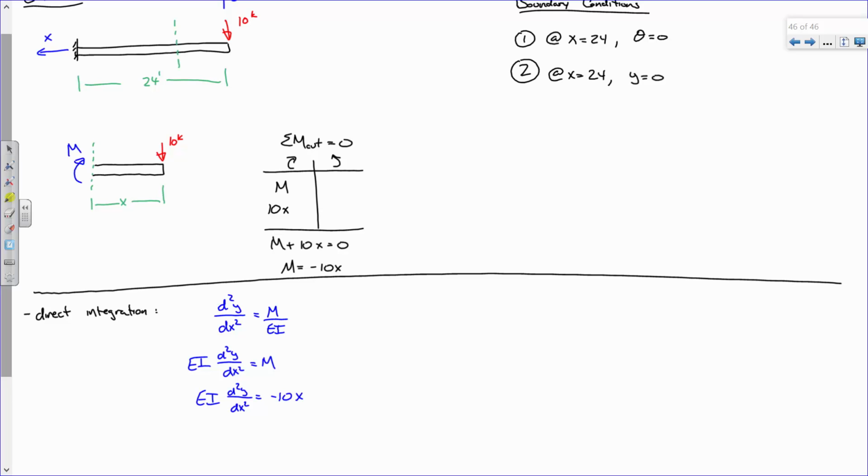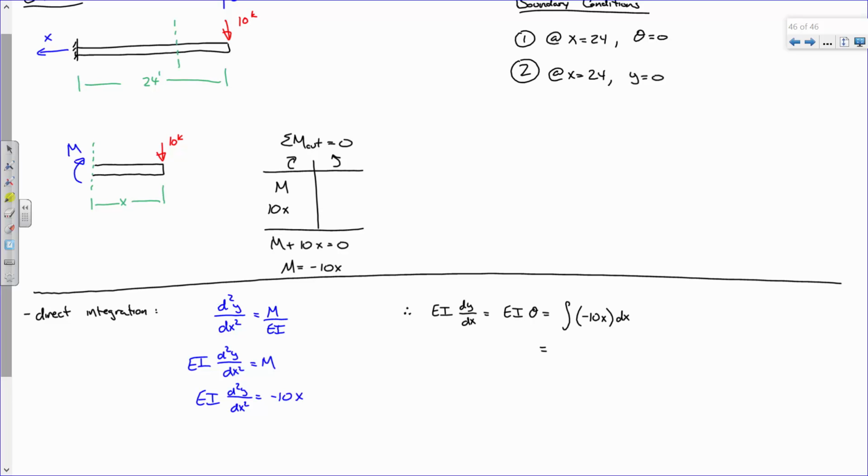So in order to determine EI times the first derivative, which is EI times the slope, we're going to integrate once. So EI times the first derivative is the integral of minus 10x dx.